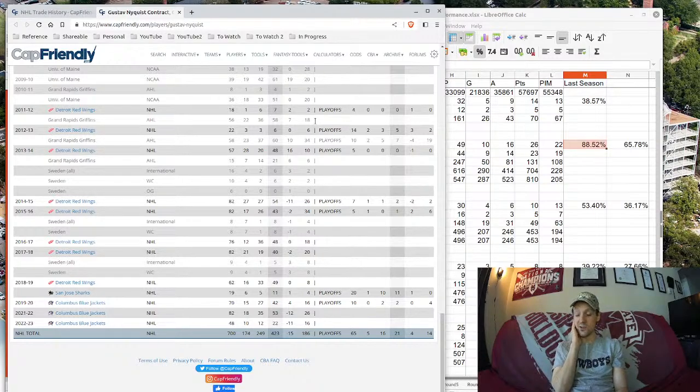Now you have to factor in that, as an example with Nyquist, he eats up some of your cap space, and so although he can produce at a certain level, his value in terms of per cap hit essentially might not be worth that first round pick.